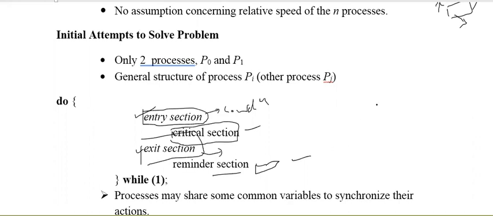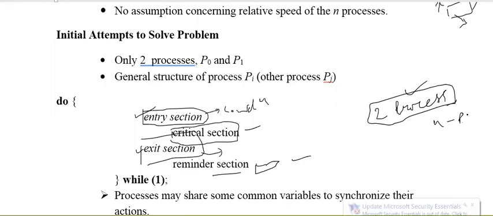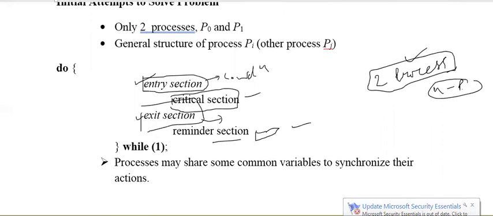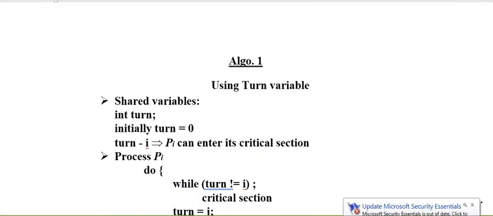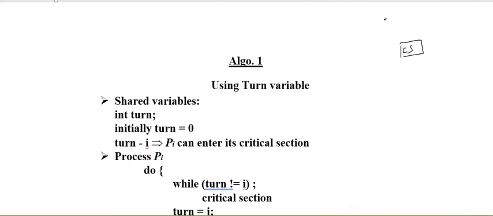First of all, we are going to provide a solution for two processes. Why two processes? Because if we can solve the two-process problem, then we can easily extend it to n processes. So let's try to extract a two-process solution to avoid any problem related to synchronization. Suppose this is one critical section, and I have two processes, P0 and P1.